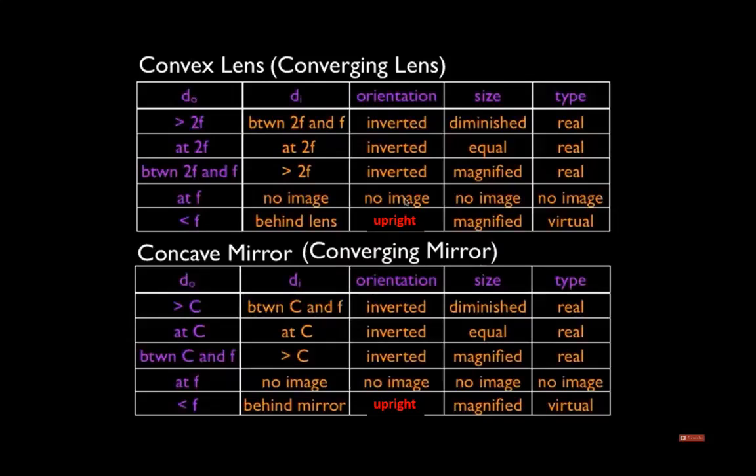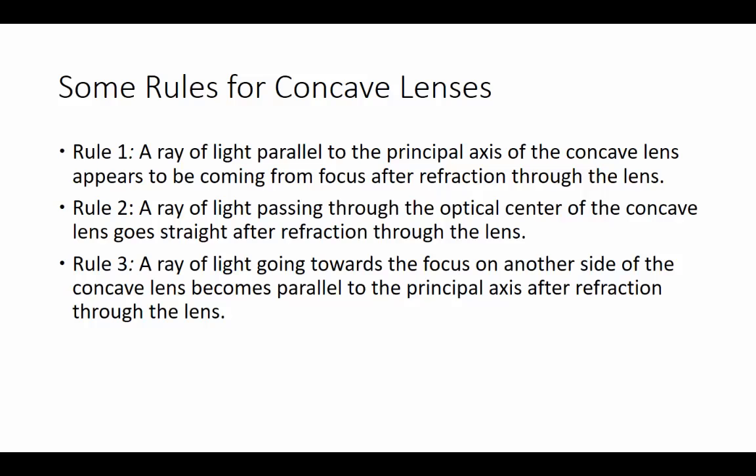All right, so we've done the convex lens, or the converging lens. Now let's take a look at the concave lens, or diverging lens. Again, 3 rules, again, slightly different. Rule number 1, a ray of light parallel to the principal axis of the concave lens appears to be coming from the focus after refracting through the lens.